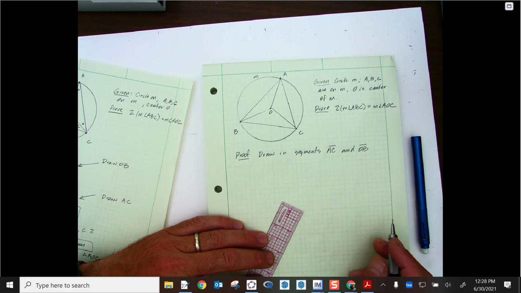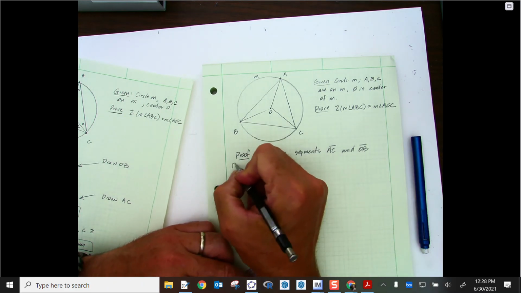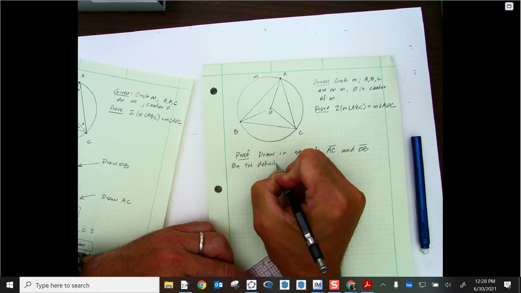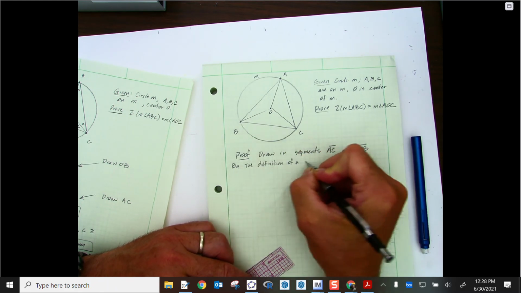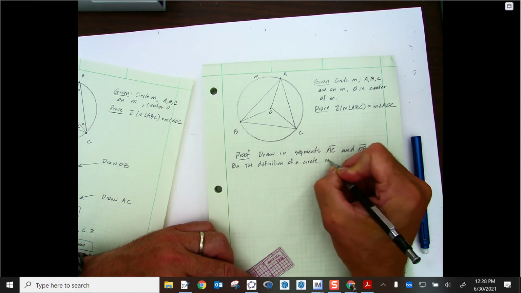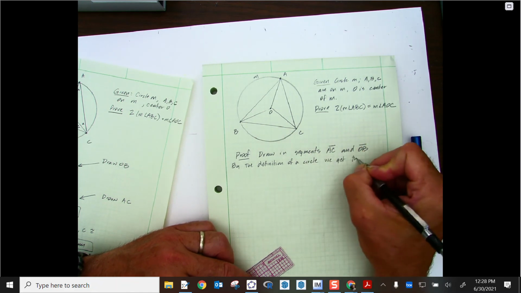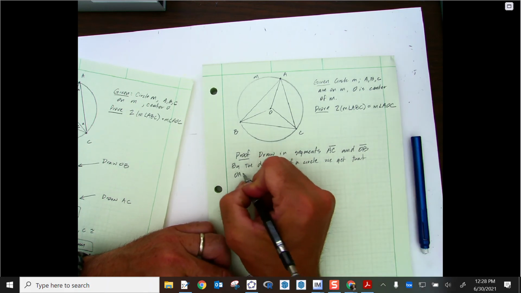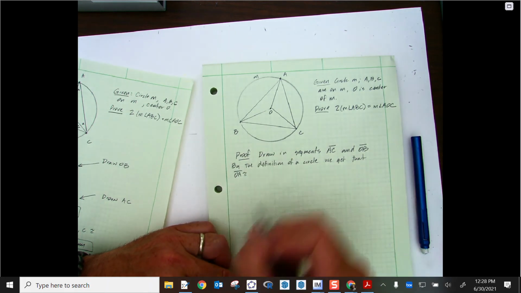Okay, so we're going to draw in AC and OB. I'll just say by the definition of a circle, we get that OA has got to be congruent to OC and to OB.